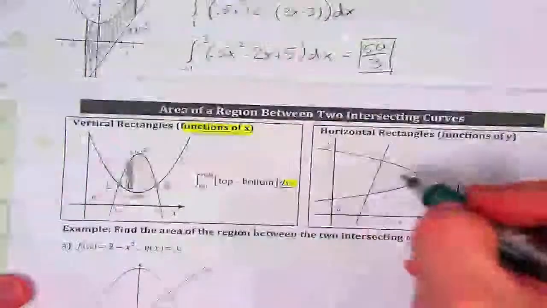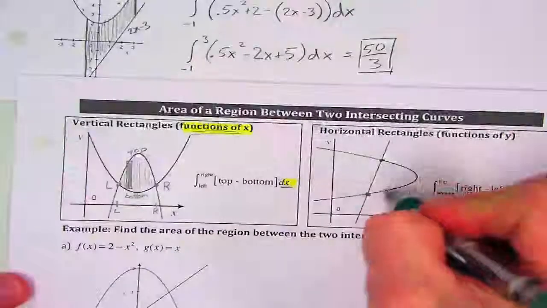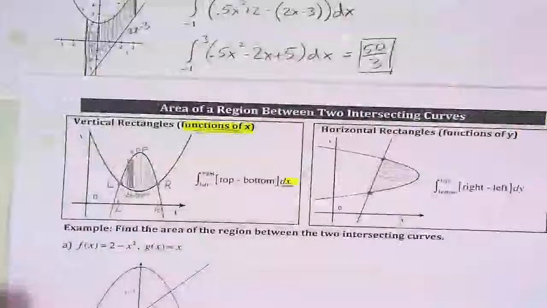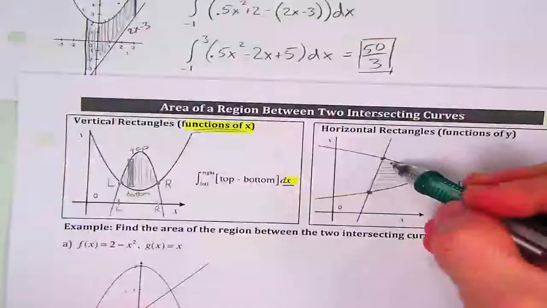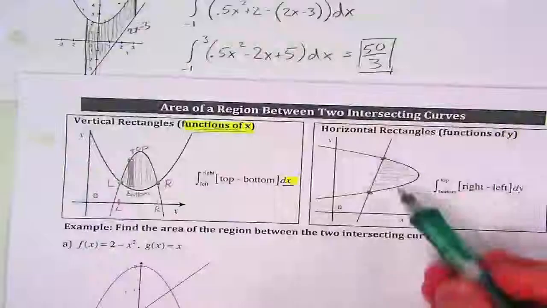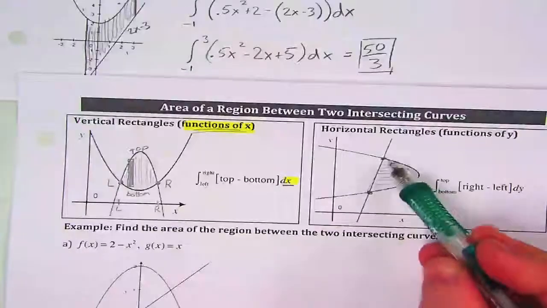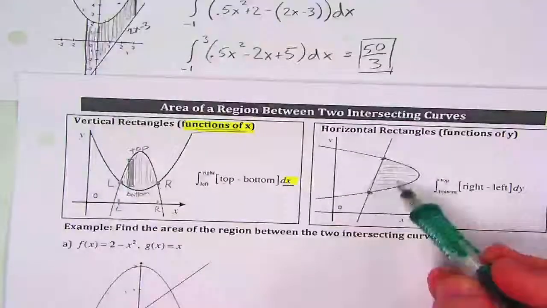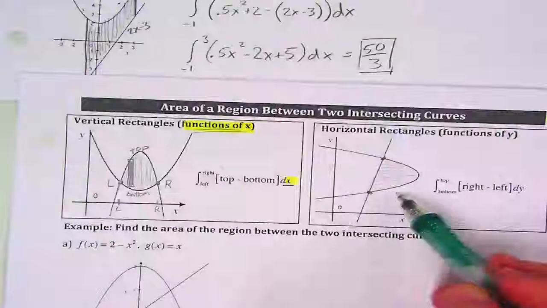Okay, we can also do this when we would have two curves that we would find using horizontal rectangles. Okay, so we're going from this point to this point, and this is our bounded region. And in this case, notice if we did vertical rectangles, it really doesn't make sense because you can't really find the integral, right, if that's your function, because it's not really a function of x. It doesn't pass the vertical line test. Okay?